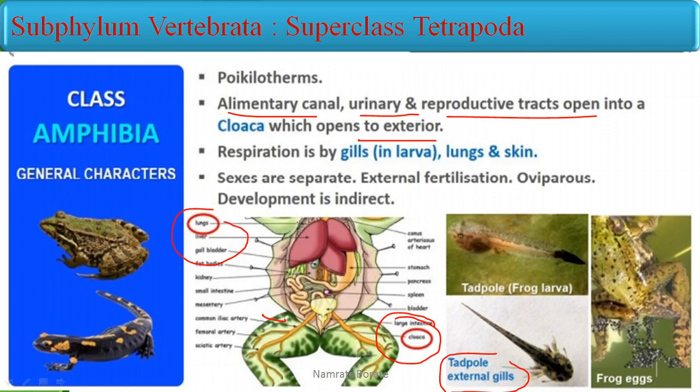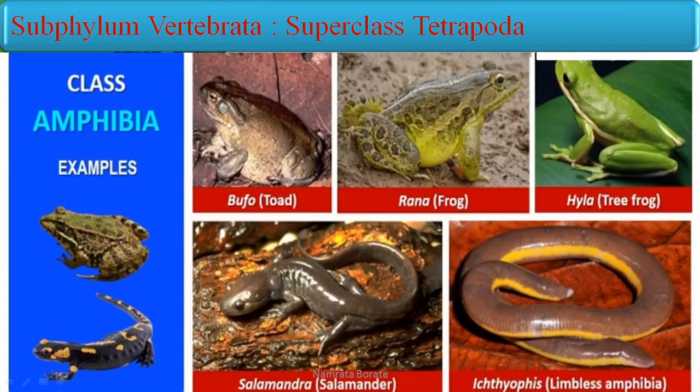The sexes are separate. External fertilization is there. They are oviparous, means they lay eggs, and the development is indirect. Examples are toad, frog, tree frog, salamander and limbless amphibians.